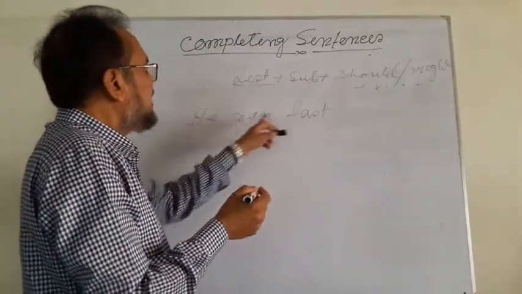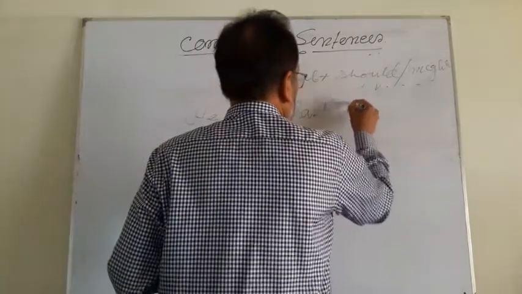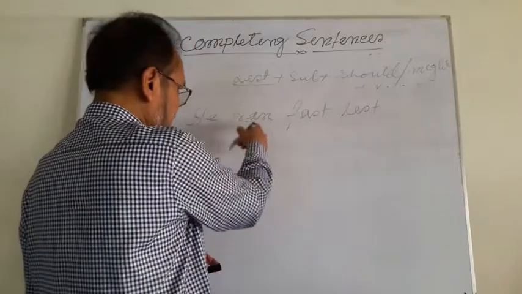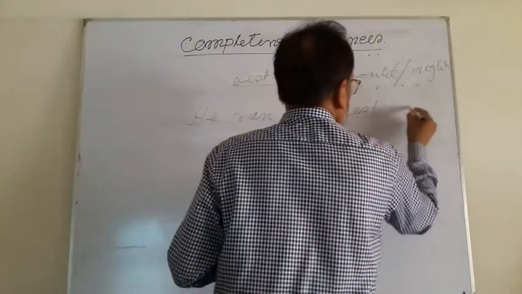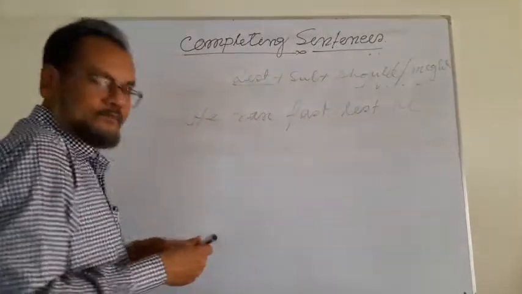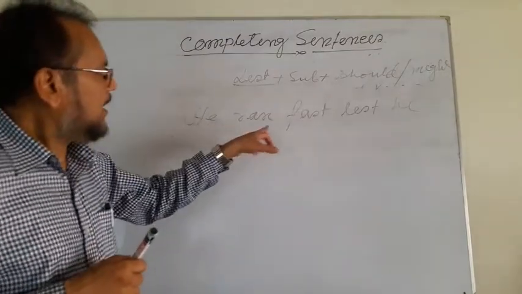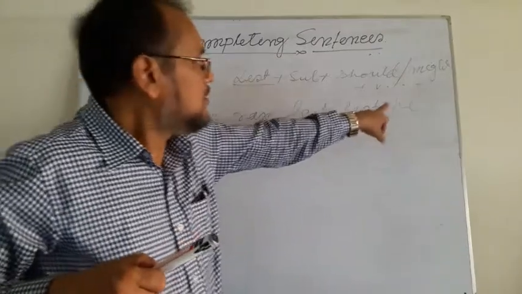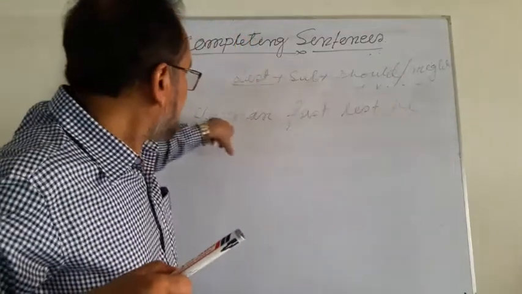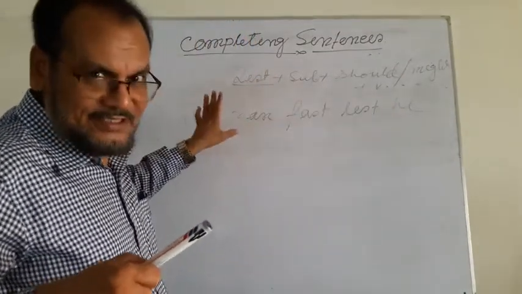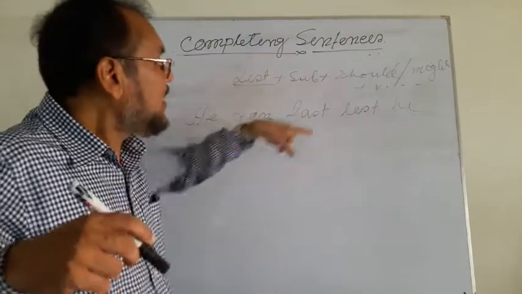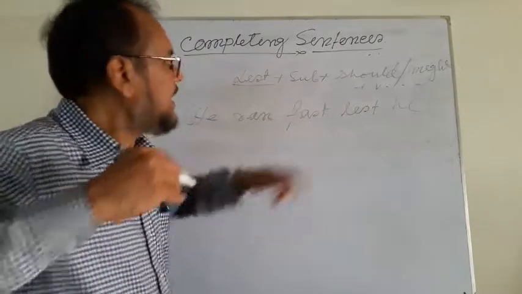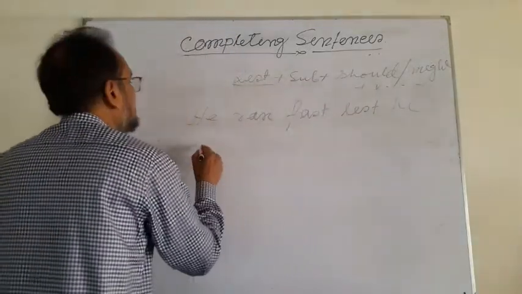So: He ran fast lest, L-E-S-T, lest, and the subject will come from the first sentence: he ran fast lest he. Why is he used here? He has come from the first subject of the first sentence. According to the rule, subject plus should or might. He should.